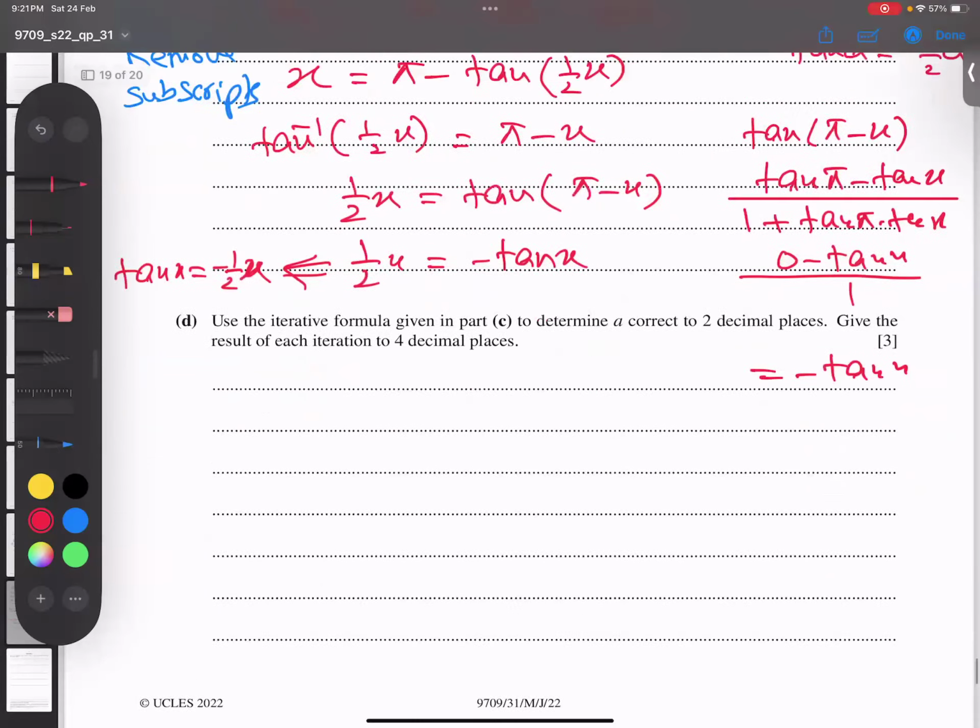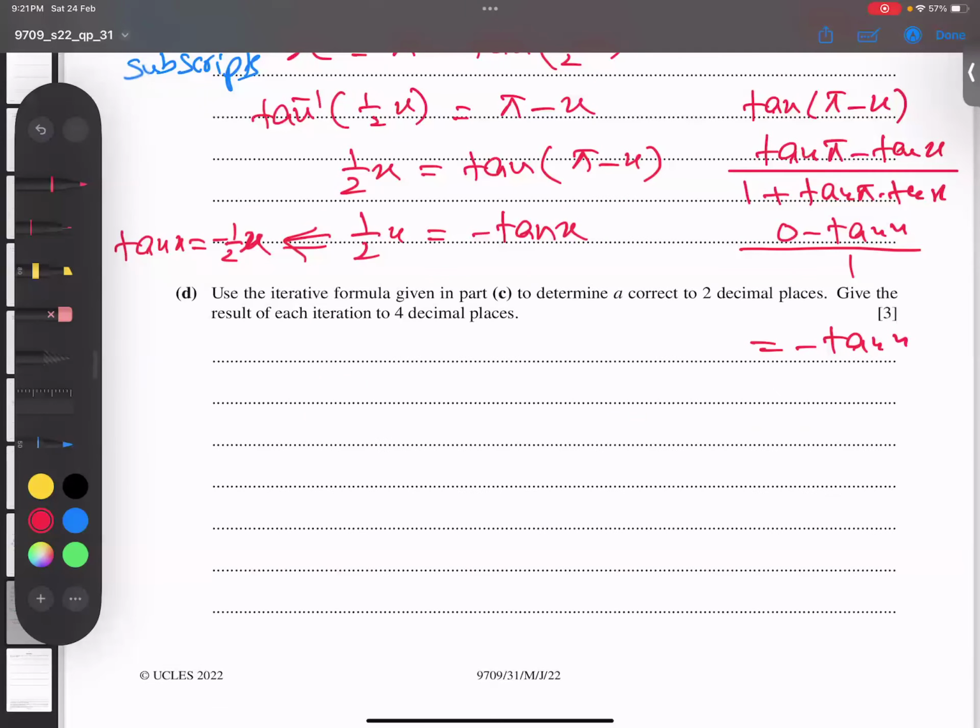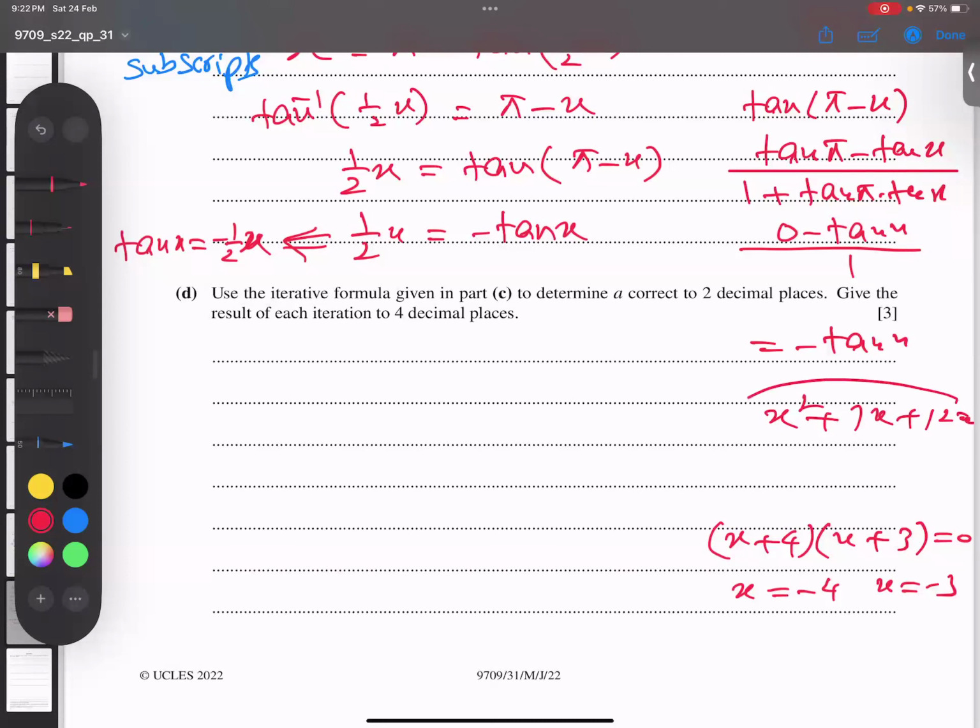I always give this small example to help students understand. For example, this is x plus 4, and here x plus 3, and I have it equal to 0, and the answers coming from here are minus 4 and minus 3. And if I have this equation, for example, x squared plus 7x plus 12 equal to 0, how can I show a connection between this equation and these answers?